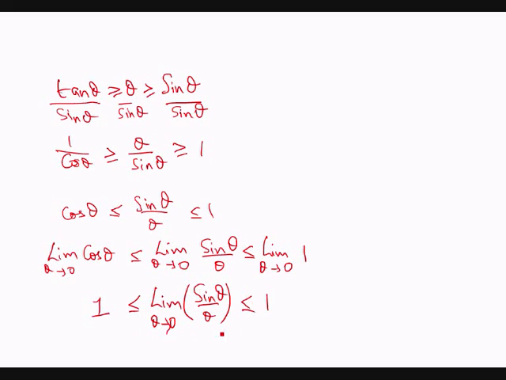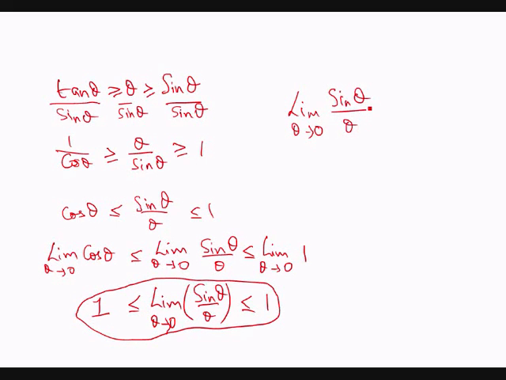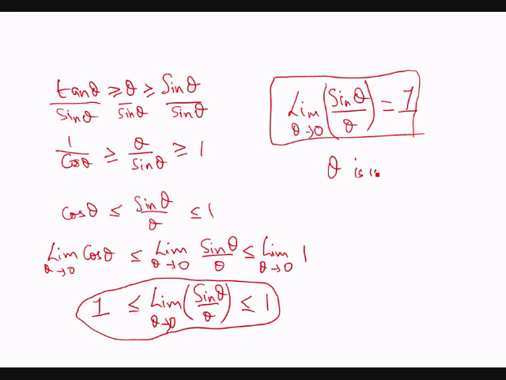And here it is obvious that this limit lies between 1 and 1, which simply says that the limit is equal to 1. Hence, we obtain the result which says that limit of sin theta over theta as theta tending to 0 is equal to 1, which is a very important result in trigonometry. Here it is very important to note that theta is in radians.